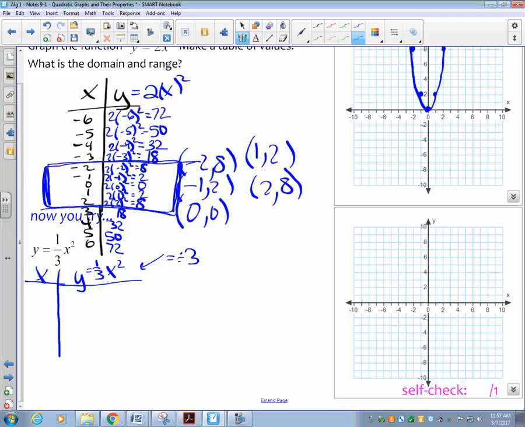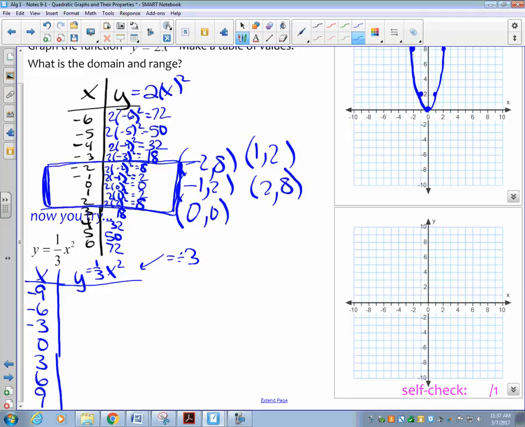So I'm going to pick my x's so that happens for you guys. So let's think of some numbers that are divisible by 3. How about negative 9, negative 6, negative 3, 0, 3, 6, and 9.